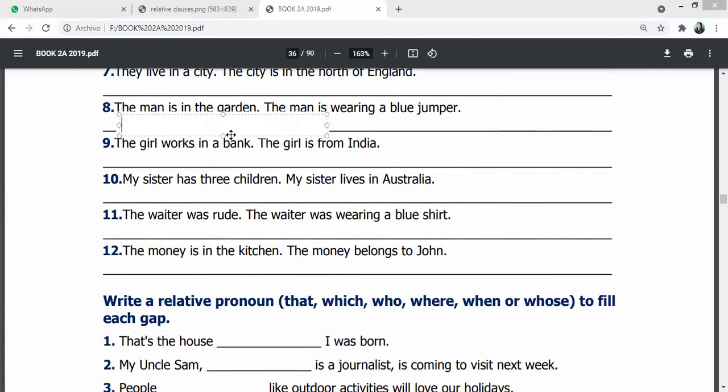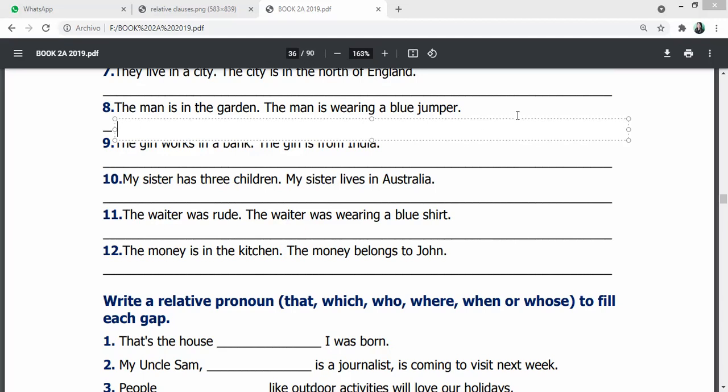The man is in the garden. That man is wearing a blue jumper. The man is in the garden who is wearing a blue jumper. Okay, here we have 2 possibilities, okay?